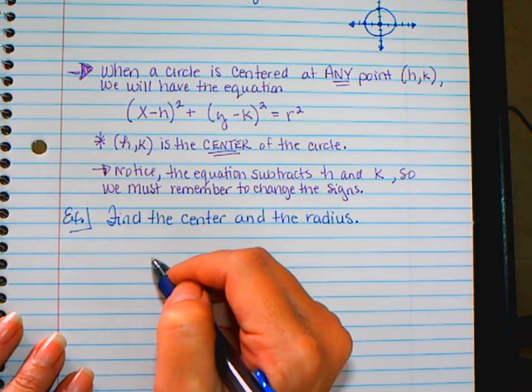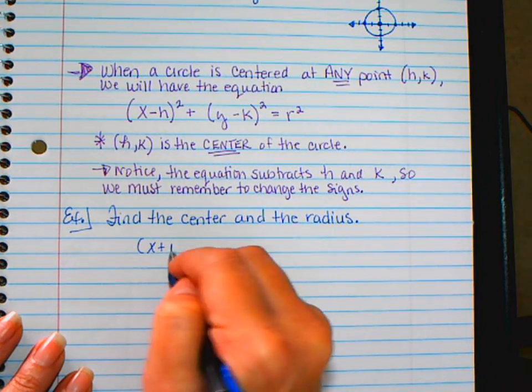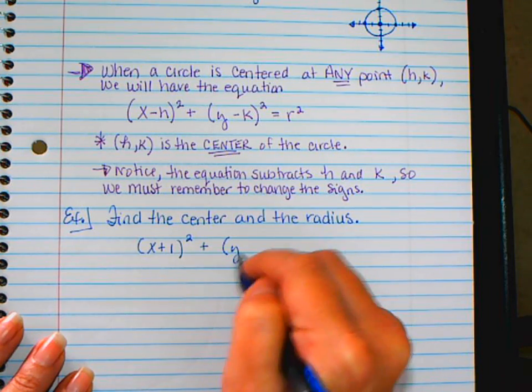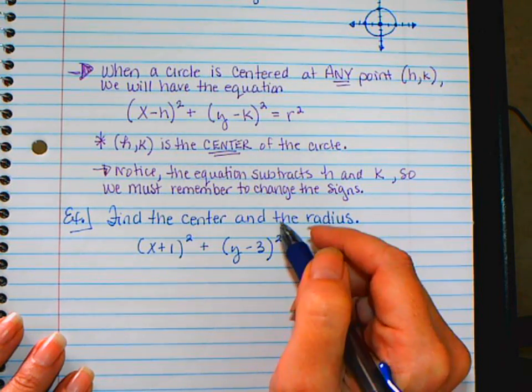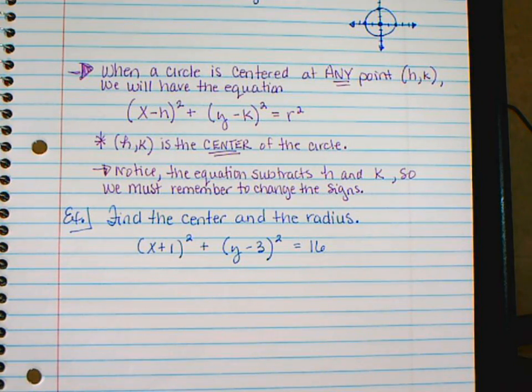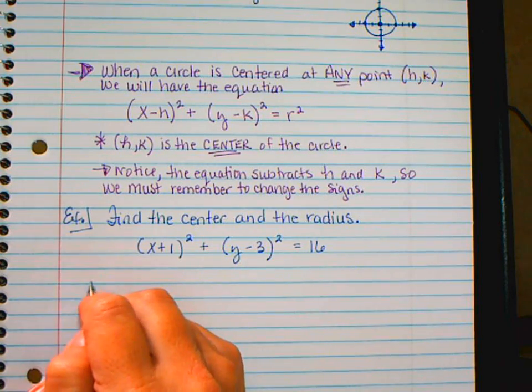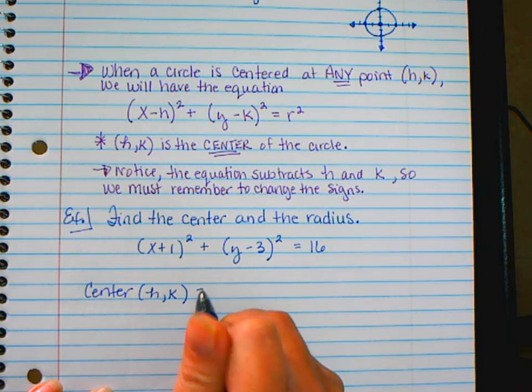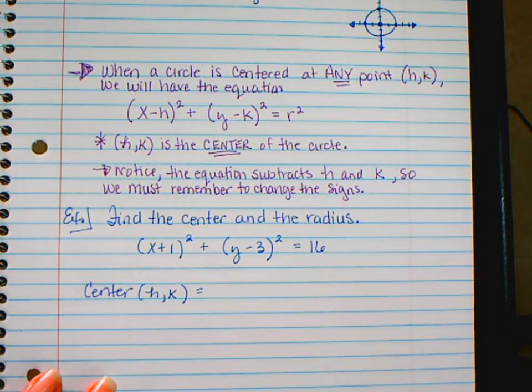And my problem is (x plus 1) quantity squared plus (y minus 3) quantity squared equals 16. So remember, your center is at h comma k. Anybody know what the center is? Minus 1 comma 3. Exactly.